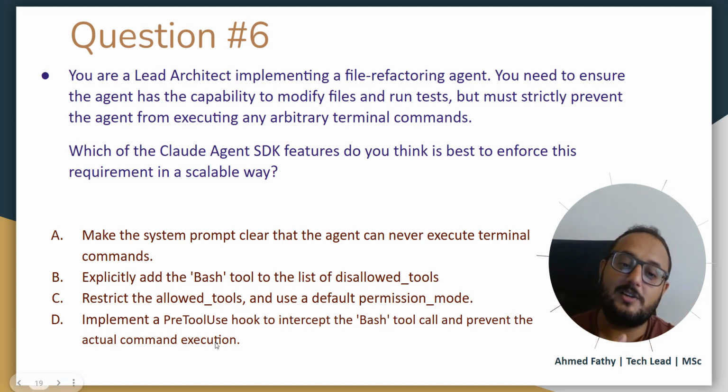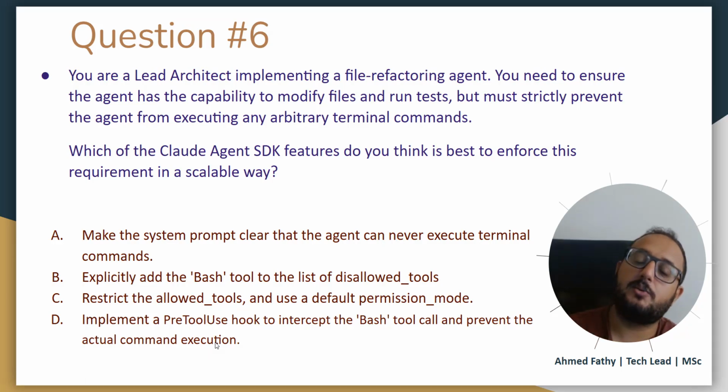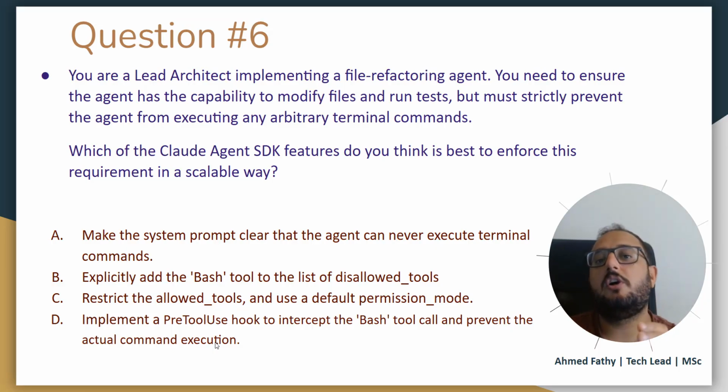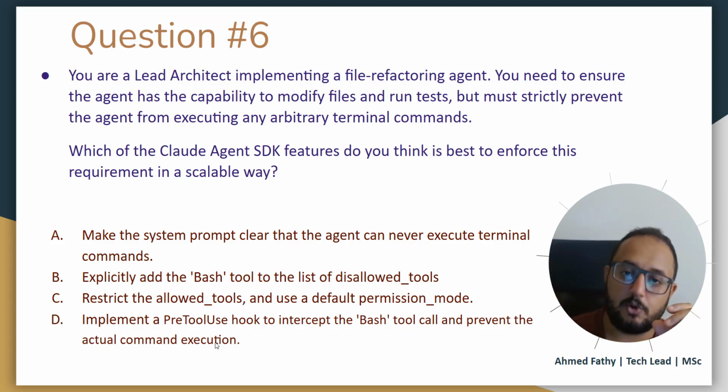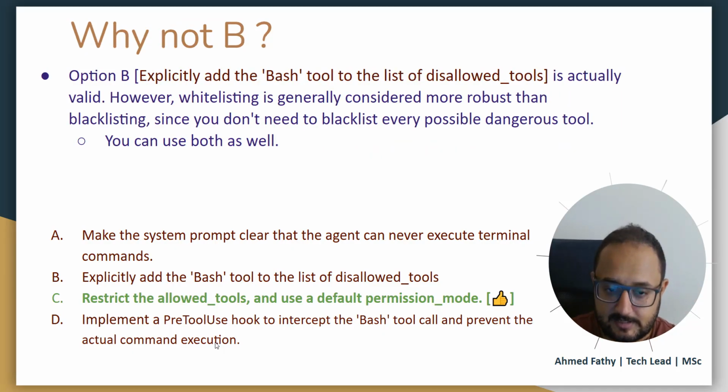This is also actually possible to solve the problem. However, again, this is a question of intent at this point. Hooks, you can use them to deny tools. However, this is not really what hooks are meant to be used for. So the best option out of those is actually C.